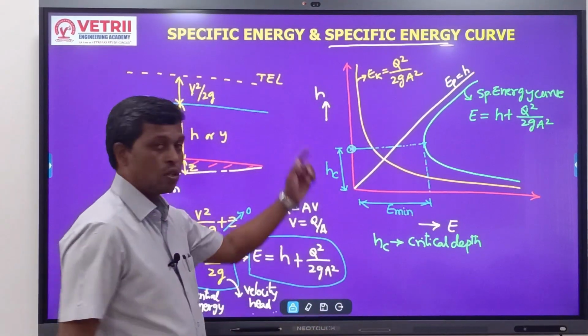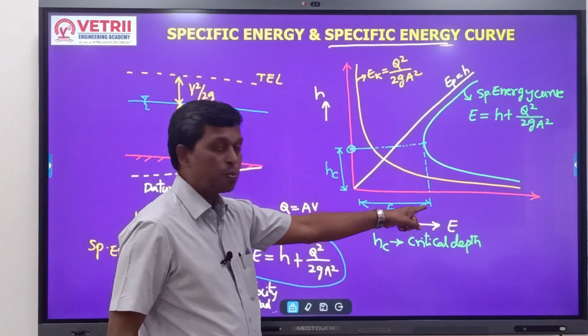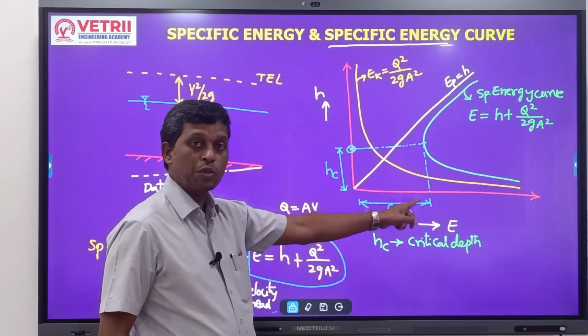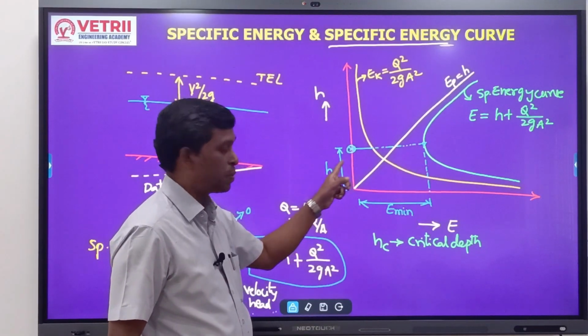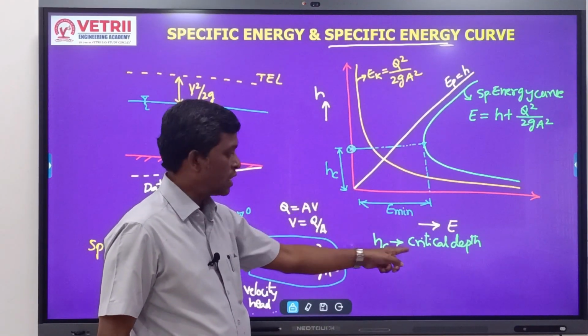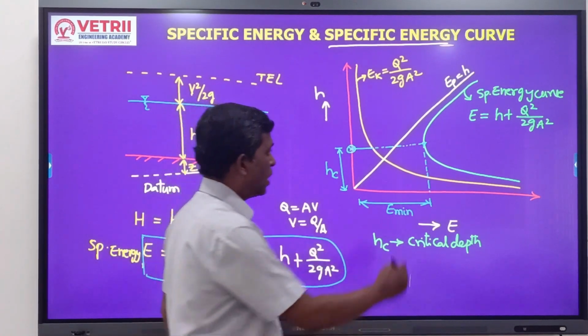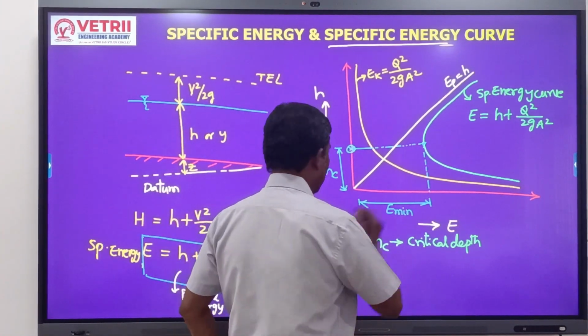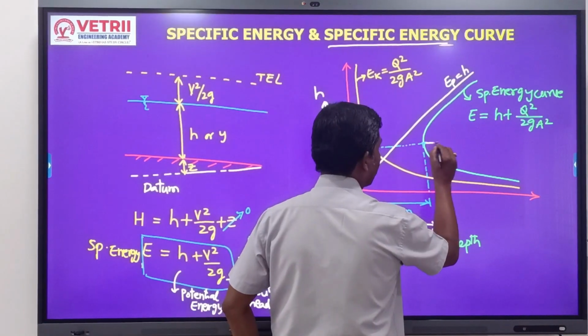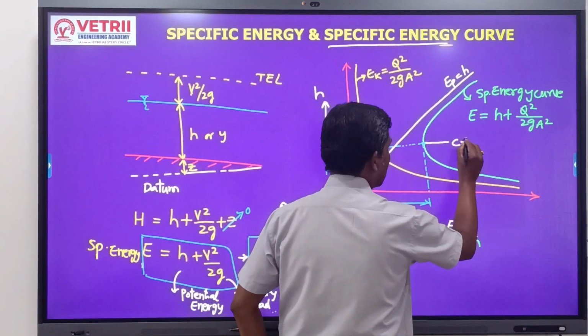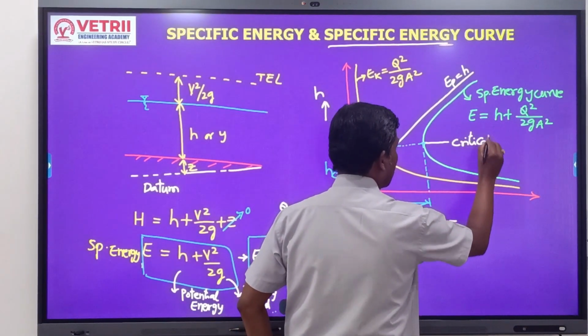For the minimum specific energy, whatever depth we get, we call it critical depth. And the corresponding velocity or flow is called critical flow.